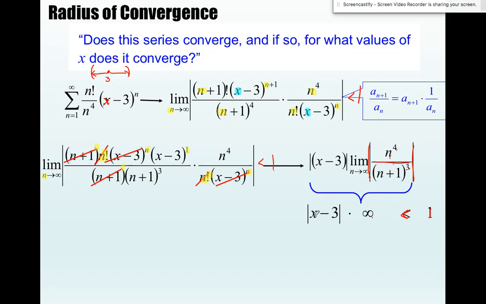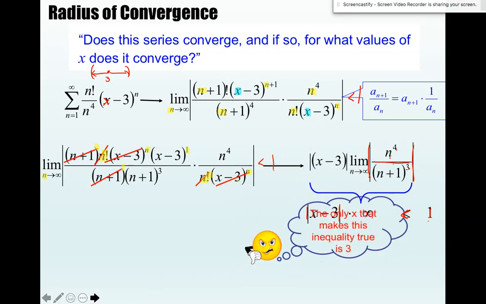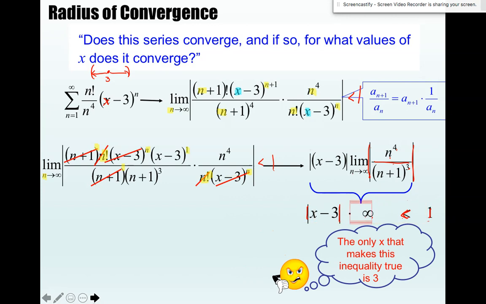What x can you put in here, subtract 3, take the absolute value, and multiply by a really huge number and stay less than 1? There's only one number. Do you see what it is? Only 0 is the only thing that I can multiply times infinity and stay less than 1. What number will create 0? 3. The center.